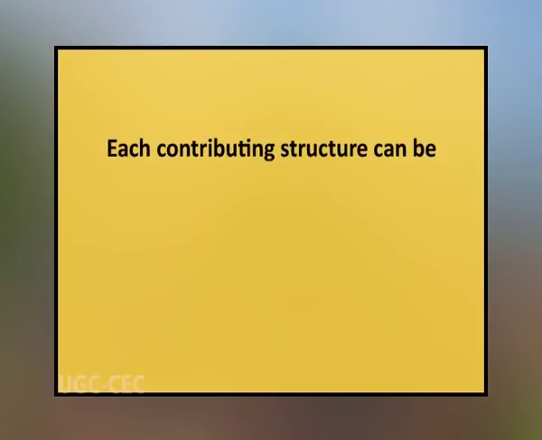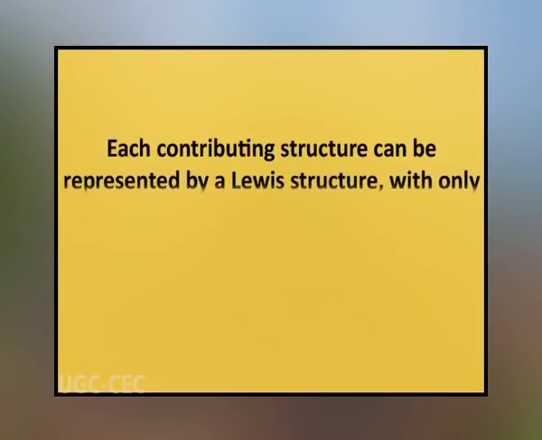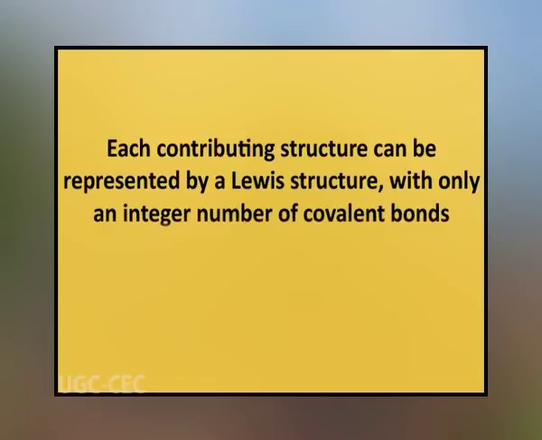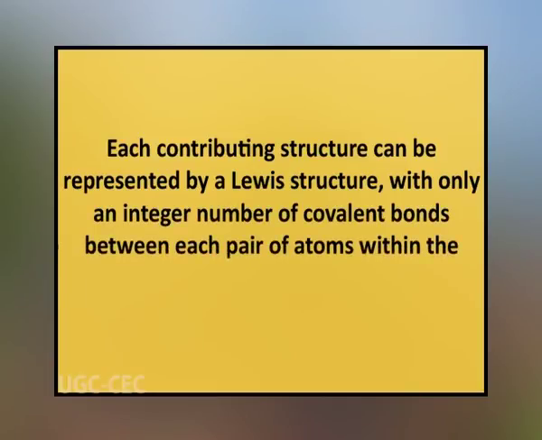Each contributing structure can be represented by a Lewis structure with only an integer number of covalent bonds between each pair of atoms within the structure. Several Lewis structures are used collectively to describe the actual molecular structure, which is an approximate intermediate between the canonical forms called a resonance hybrid.